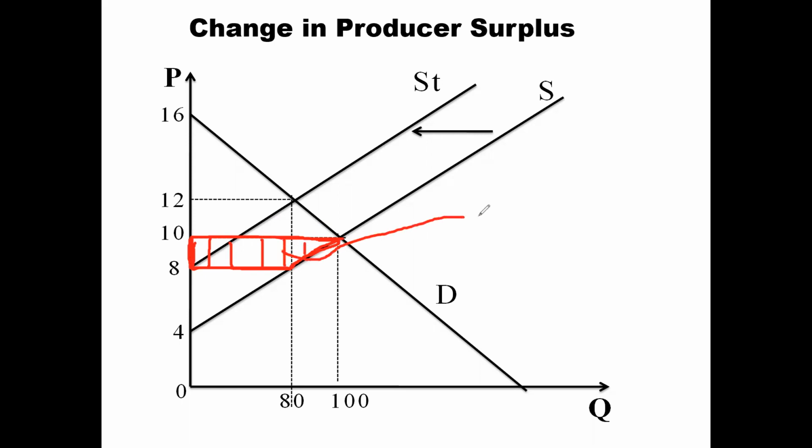Let's calculate it. 2 into 80 plus the triangular area. Remember, 2 into 80 is a rectangular area.